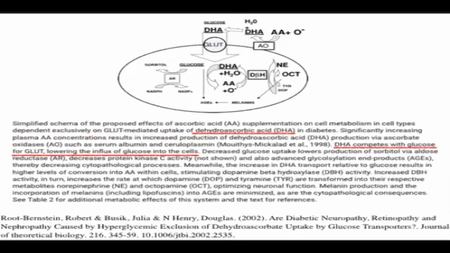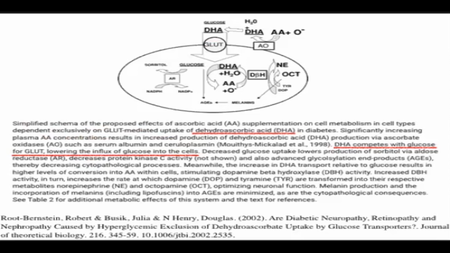Another thing that could come into play on a low-carb diet with vitamin C is this fact that the receptor, the transport for vitamin C, this DHA is not the fatty acid DHA, it's the transport form of ascorbic acid, dehydroascorbic acid.